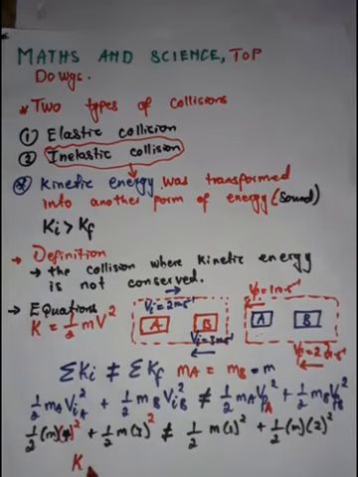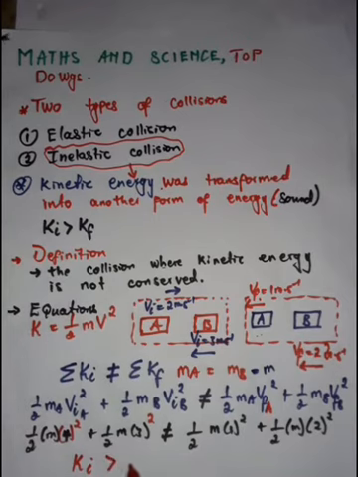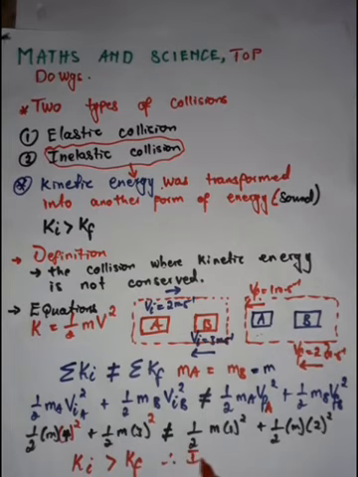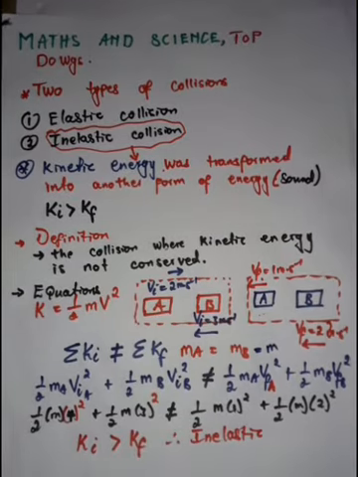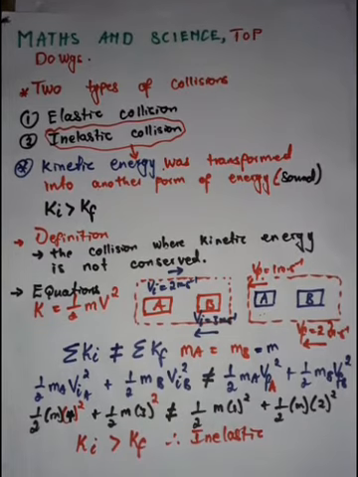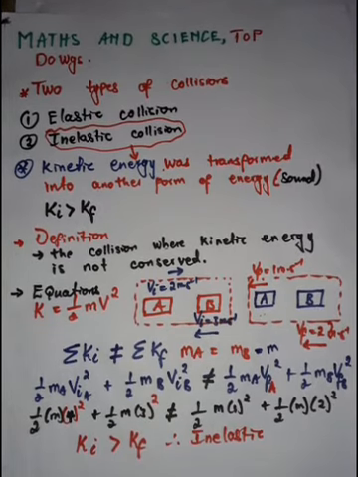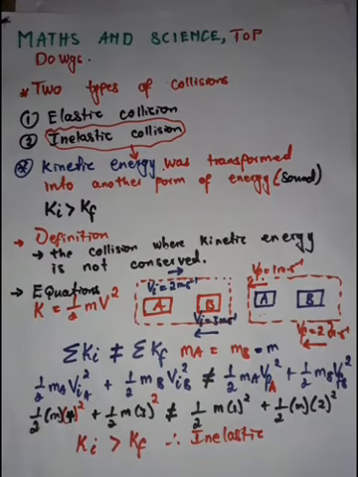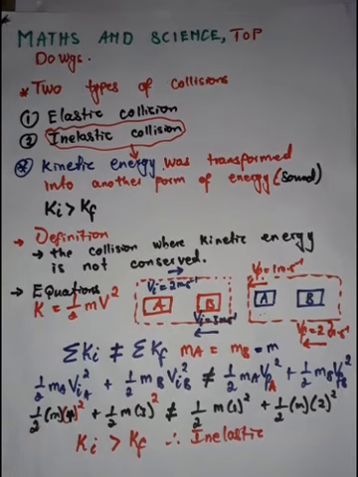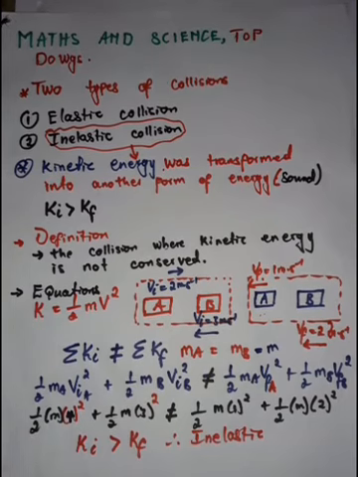So if K initial is greater than K final, the collision is inelastic. Here I was just showing you a simple example where we guessed a collision and the numbers. But in the exam we are going to be given reasonable equations where you must calculate the kinetic energy initial, and if the kinetic energy initial is not equal to the kinetic energy final, you say that collision is inelastic.